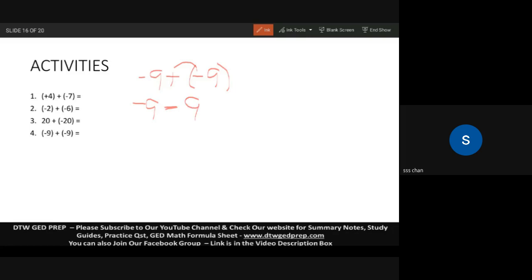So negative 9, negative 9. We said once the two numbers have a negative sign, maintain the negative sign and then add the digits. So 9 plus 9 gives you 18, because you are removing a number from a negative number. That gives you a more negative number, so that gives you negative 18.